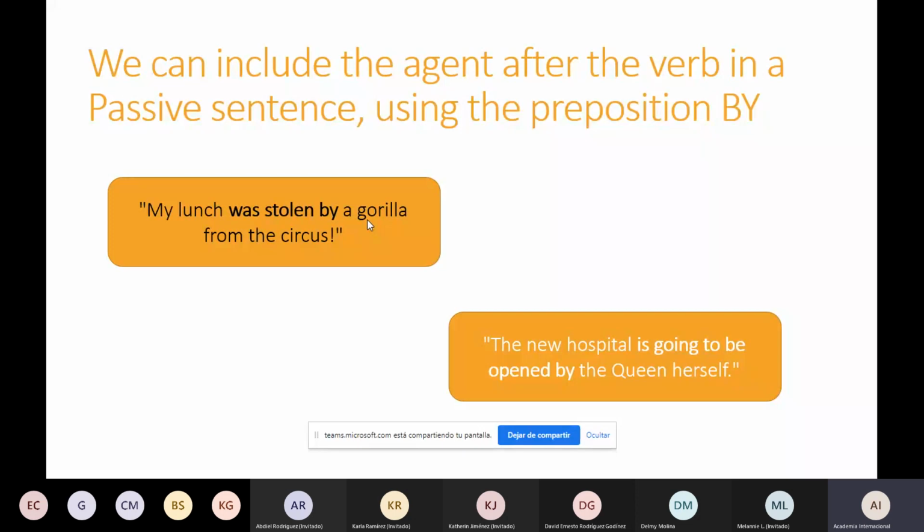Si queremos mencionar a la gente o al hacedor de algo, utilizamos by en vez de for. No decimos my lunch was stolen for a gorilla, or the new hospital is going to be opened for the queen, sino que es by, ya que ella, en este caso, la queen, la reina, es la que va a realizar esa acción. No sé si me doy a entender, mister. Sí, Miss, sí entiendo. Okay.